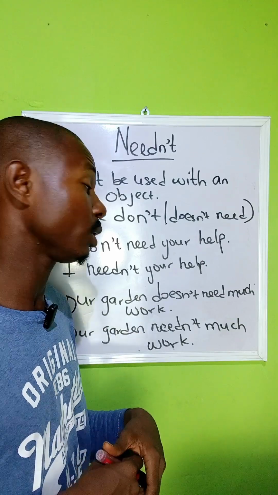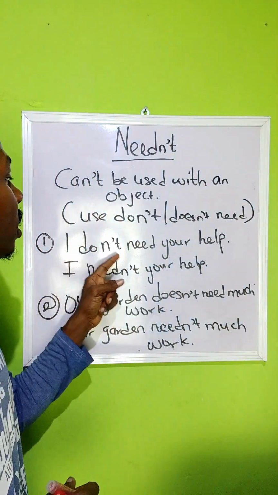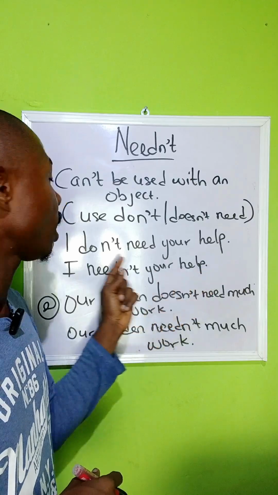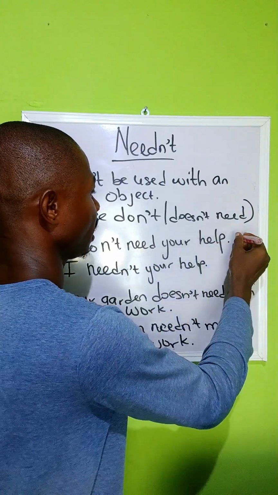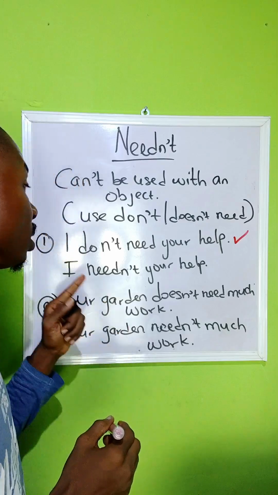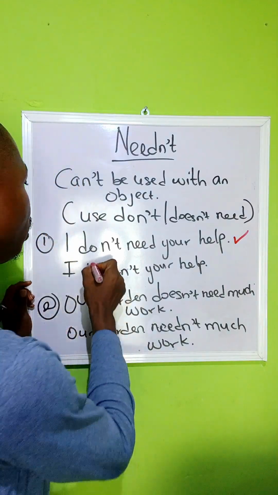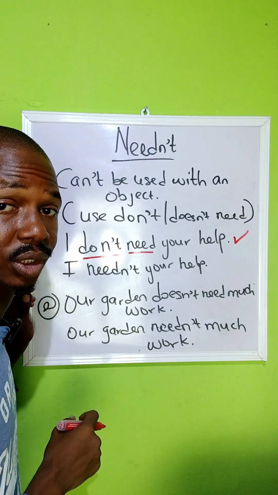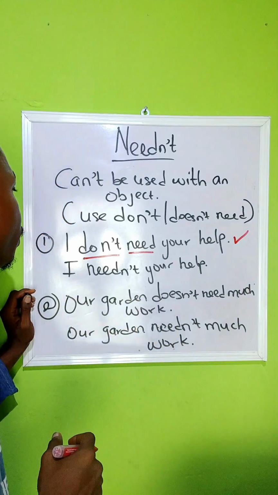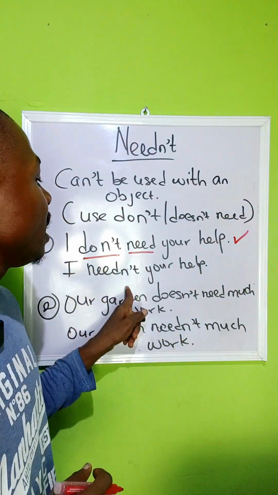Let's look at these examples. Number one, I don't need your help. Now, this is correct. If you say, I don't need your help, that's correct, because you can use don't need in this situation. But you can't say, I needn't your help.